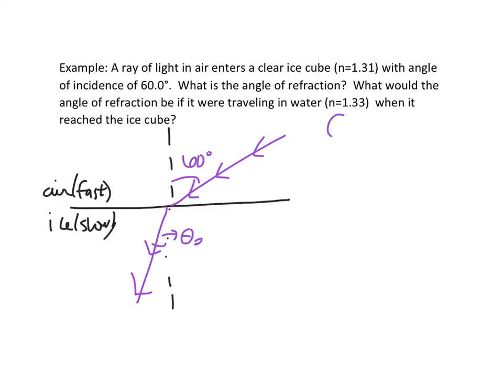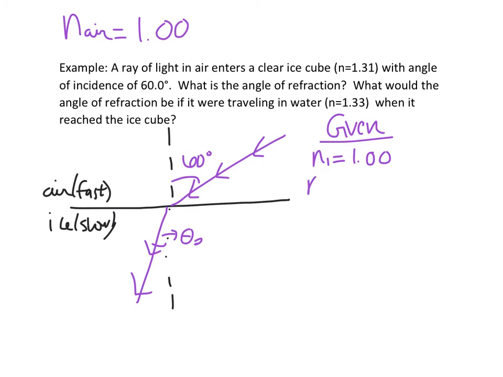Okay, given information. We know the index of refraction for air, and you'll get a list of what these are, and I forgot to mention, the index of refraction for air is always going to be 1. So N of air is always equal to 1, because air is thin enough that it can be considered a vacuum, so for C over V, that ratio would be 1.